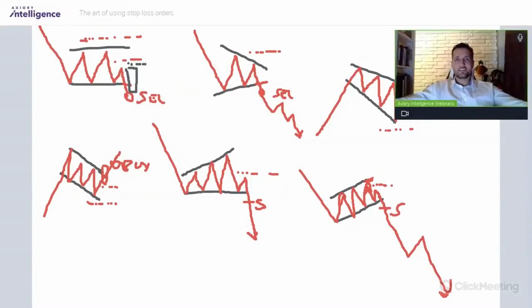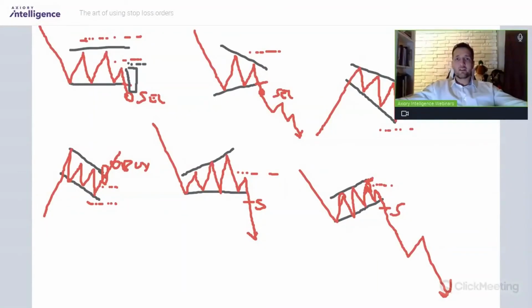This is what is most important, because most of the traders, they don't use stop loss orders. But if you will start using them, definitely your trading results will get better. That's a paradox, because you will start making losses, but your results will increase, because you will get rid of big losses.